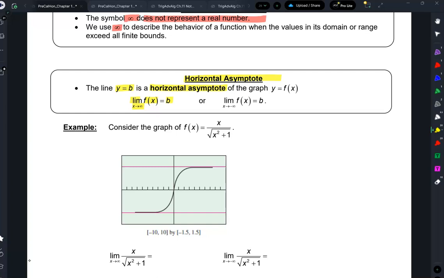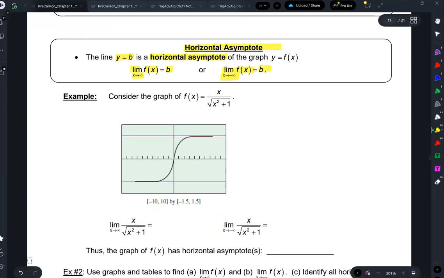So as x approaches infinity, if the limit is a finite number, b, then y equals b is a horizontal asymptote, right? Or if the limit of f of x as x approaches negative infinity, suppose it's equal to like 7, then y equals 7 is a horizontal asymptote.